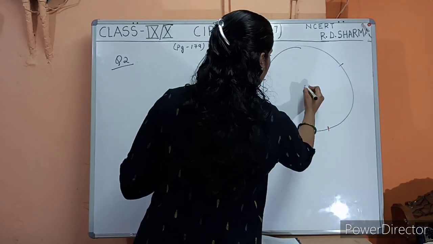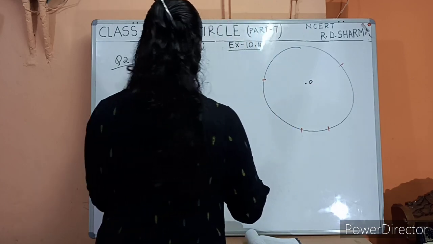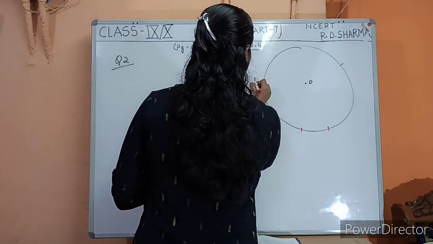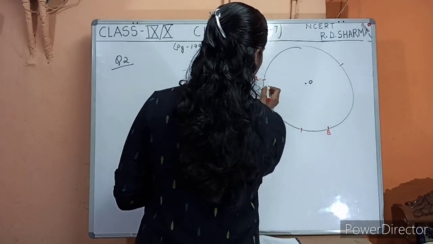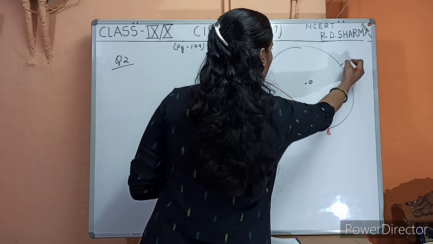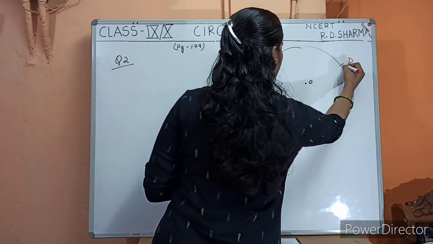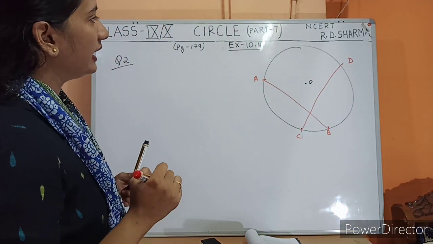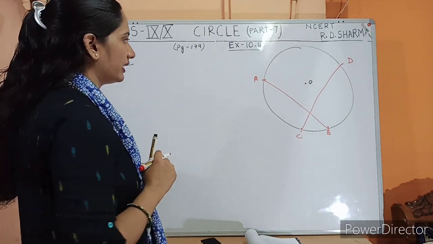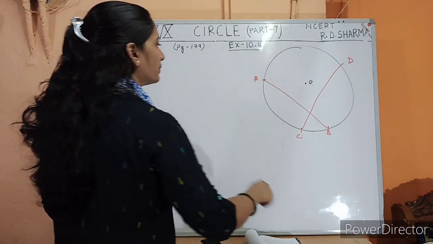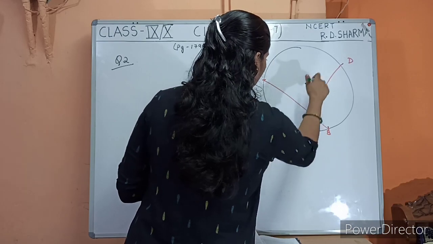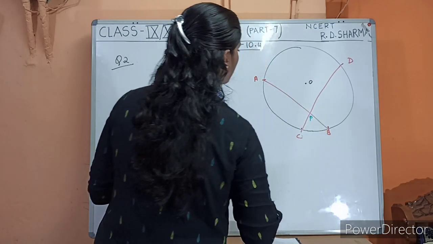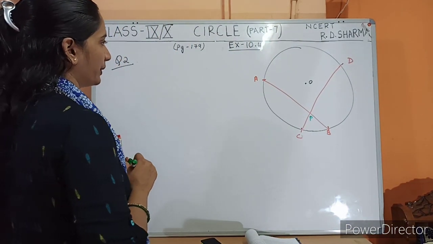A circle is given here, its center is O. This point is A, this point is B. So AB is a chord, as well as CD. CD is also a chord. They are equal. This condition is already given to us. The intersection point of AB and CD is P.